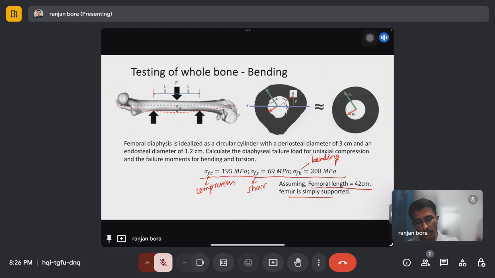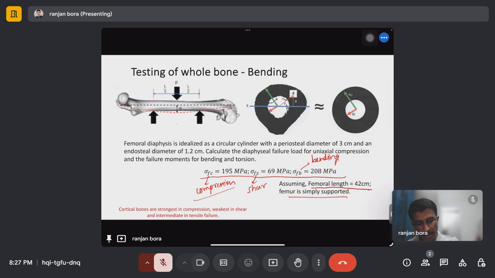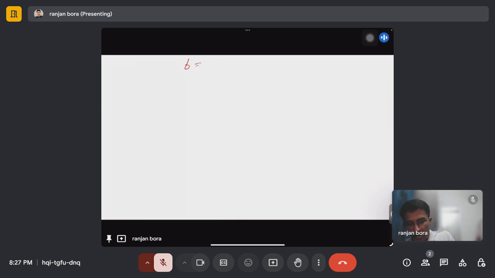So how will we do it? The compression failure stress is given as 195 megapascal, sigma FC, and what is sigma FC?